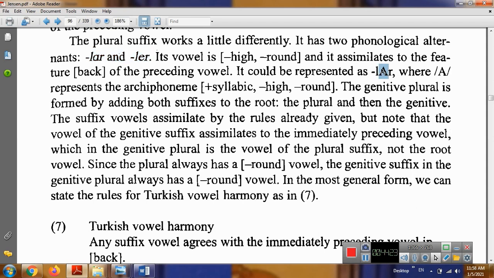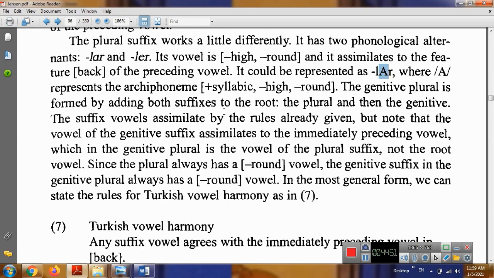Therefore, when you have the capital form of the sounds, it means that it stands for all of the phonetic representations of that sound, of that vowel, and it is the abstract form of that sound. Therefore, this lAr stands for lar and ler. It could be represented as lAr as a whole, where A represents the archiphoneme plus syllabic, minus high, minus round.